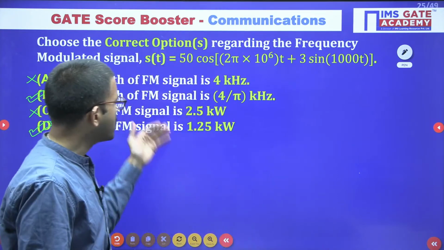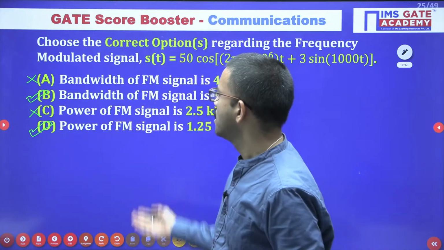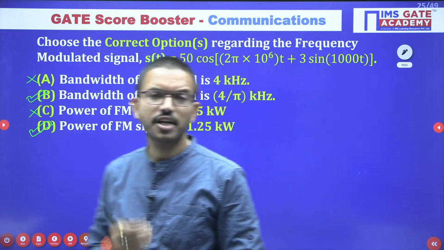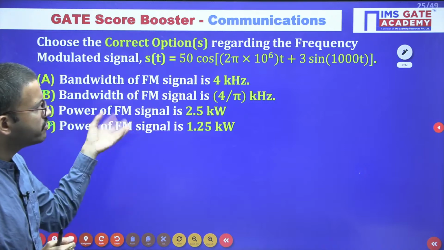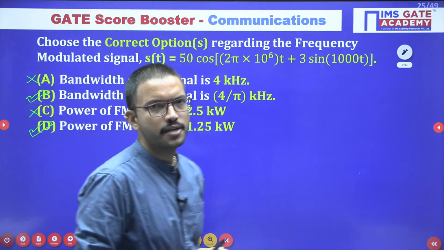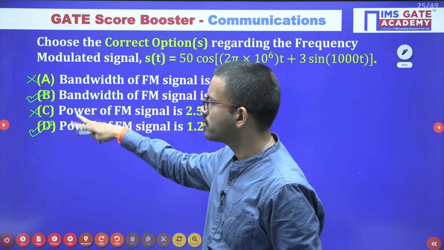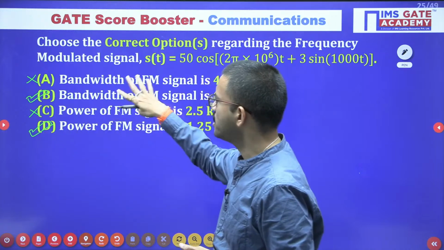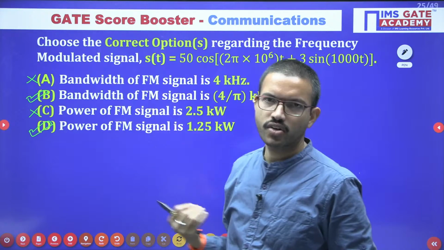In this way, whenever you have MSQ questions, just by observing the options, you can guess which options can be correct at max among the given options. For example, if you are targeting power, at max you can choose one option here. Similarly, whoever is targeting bandwidth, at max among these two choices you can choose one.